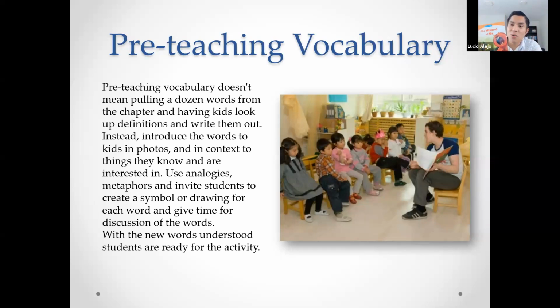So students need to know the meaning of lion. We have the scarecrow. The students need to know the meaning of a scarecrow. We have the tin man. Students need to know what's the meaning of tin. We have a balloon too. Wizard. They need to know the meaning of wizard. Witch. They need to know the meaning of witch. So if students don't know the meaning of these words, they won't understand the story.